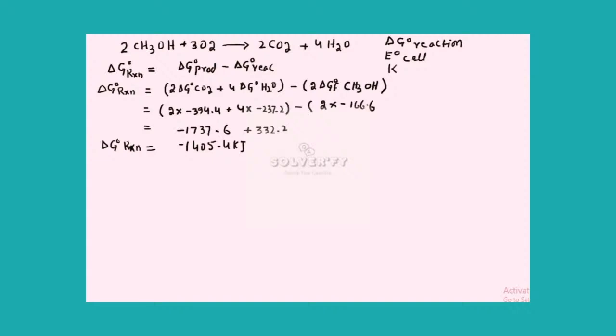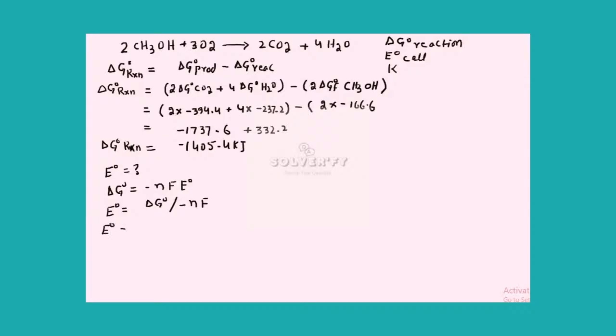Now to determine the E naught of the cell, we will use the equation that delta G naught is equal to minus nFE naught. So rearranging this equation, we will get E naught is equal to delta G naught divided by minus nF.